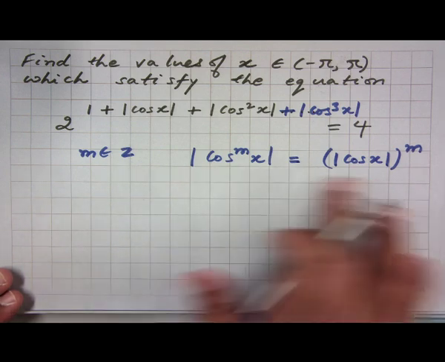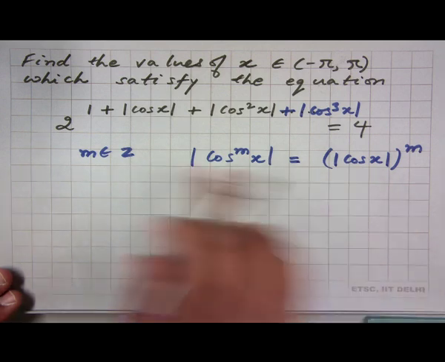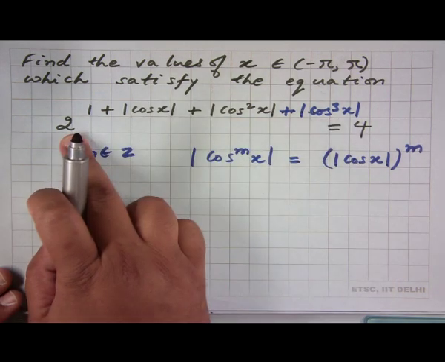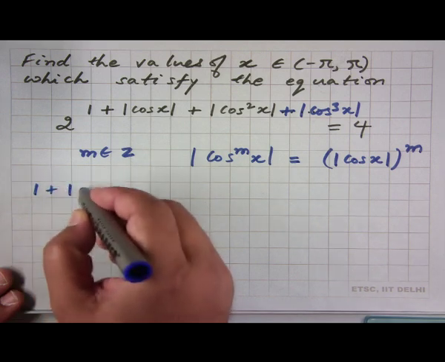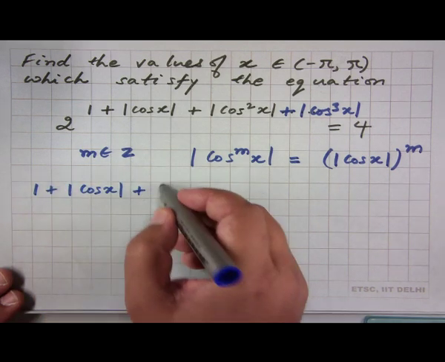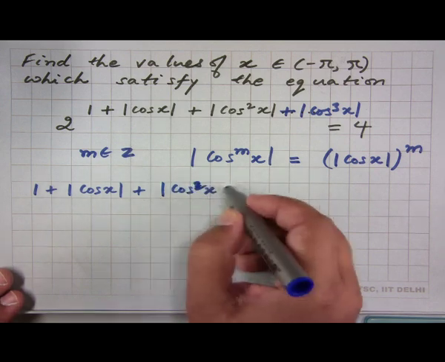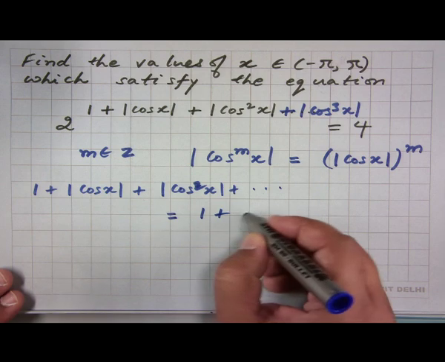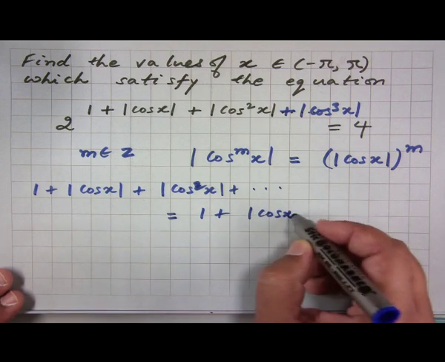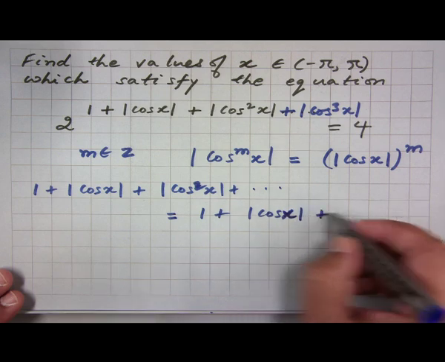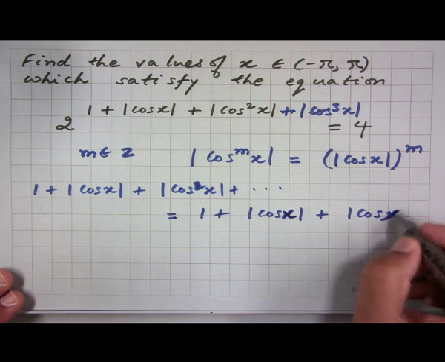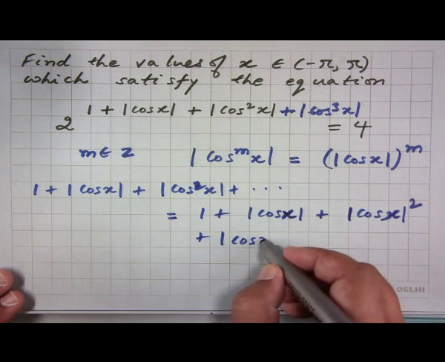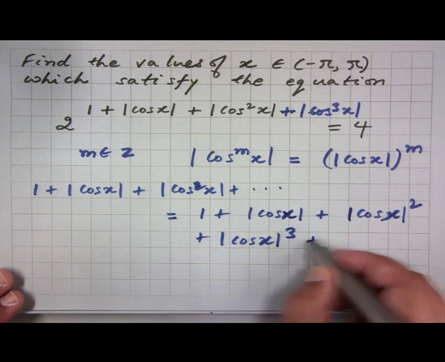And therefore, using this identity, we will try to simplify the exponent on the left hand side. So, therefore, what we get is equal to 1 plus mod of cos x plus mod of cos x whole square plus mod of cos x cube and so on.